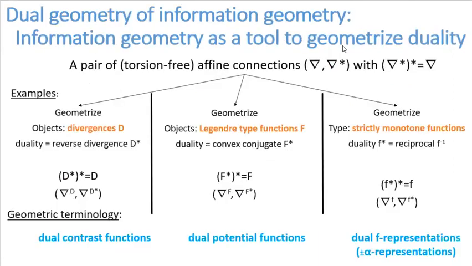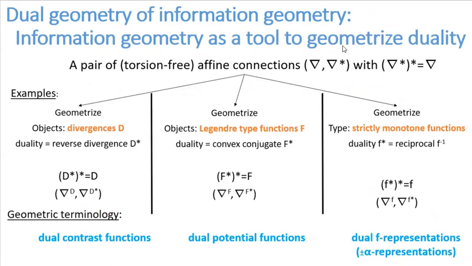Okay. So basically, this is my unconventional thing, that maybe information geometry could be a generic tool to geometrize duality. Okay, and for example, for divergence, this is what I have explained here, and this is what has been called dual contrast function. For Bregman divergence and convex conjugates, we have this thing, and people talk about potential function in geometry.